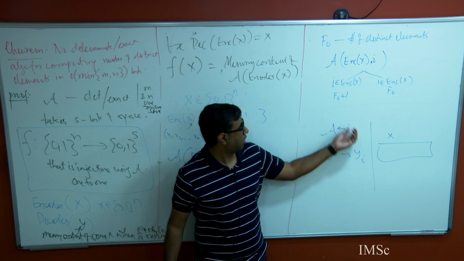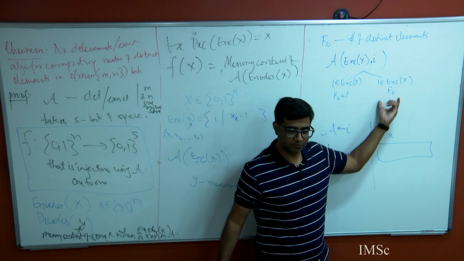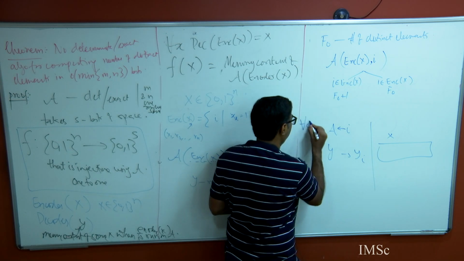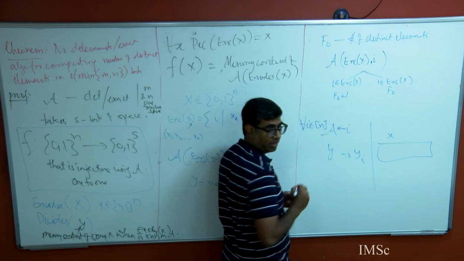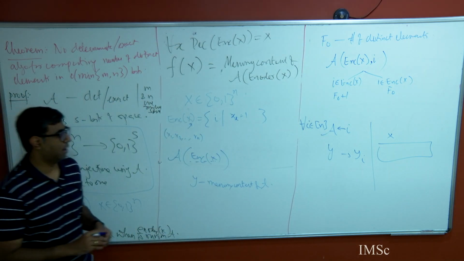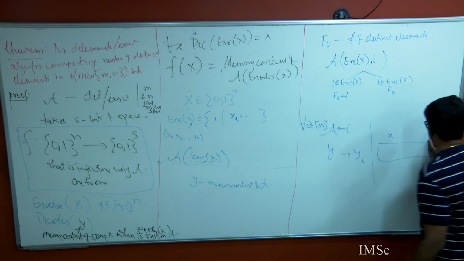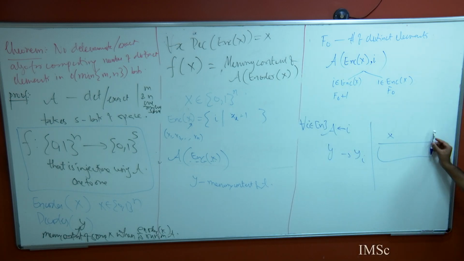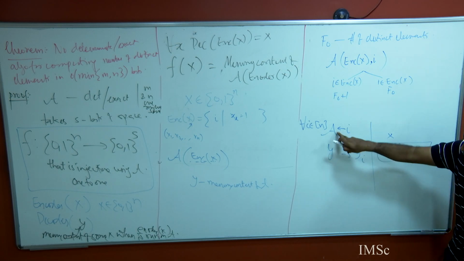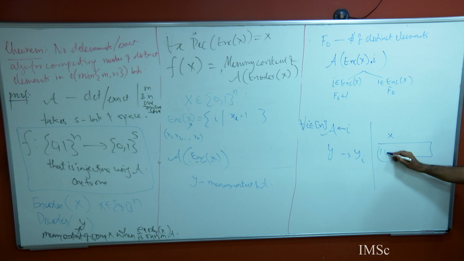Based on this content Yi, I can get this information, and I will run this for all I from 1 to n. So now, bit by bit, I will start with this. It doesn't matter what you mean by each number, you just stream these numbers, and based on that you will get 1 0 0 1 0 0 1, and this is a unique encoding.